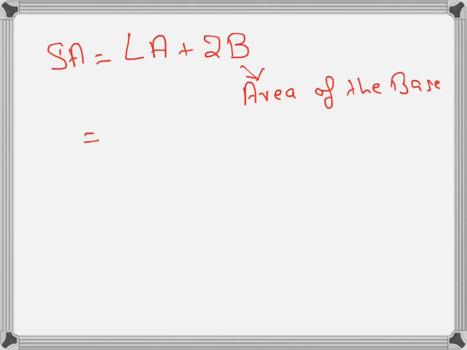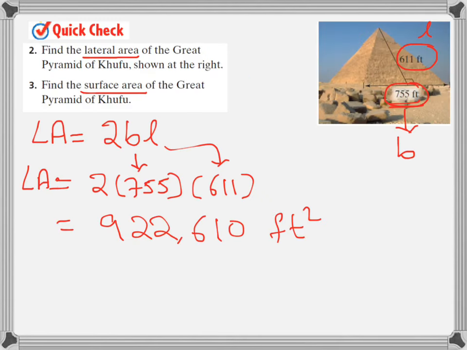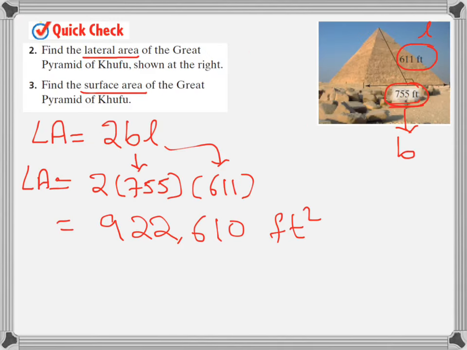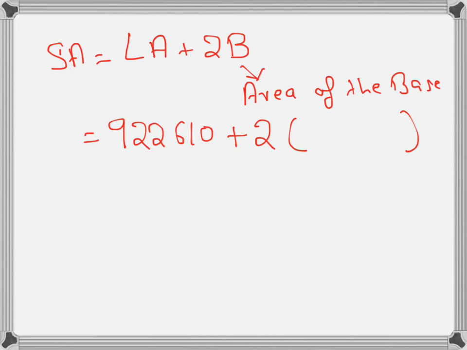So LA, which is 922,610, plus 2 times the area of the base. Since the base is a square, the area of the square is 755 times 755.